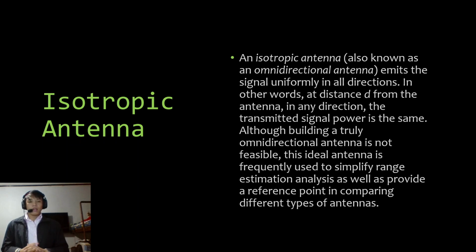Although building a truly omnidirectional antenna is not feasible, this ideal antenna is frequently used to simplify range estimation analysis as well as provide a reference point in comparing different types of antennas.